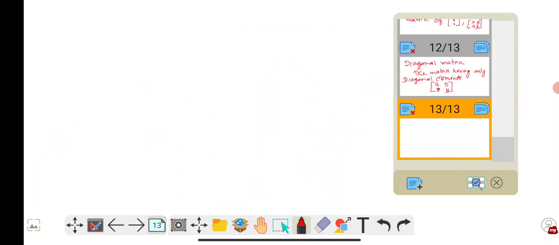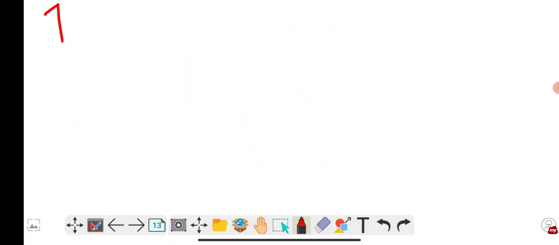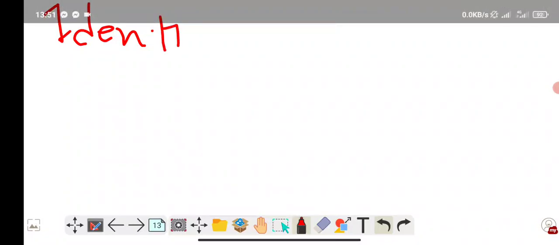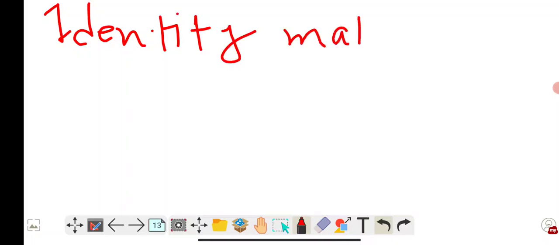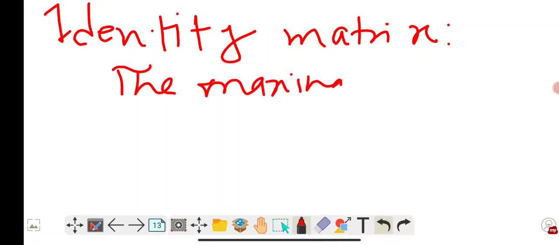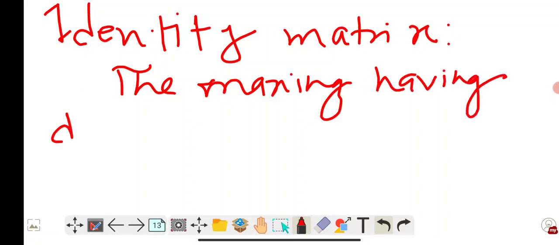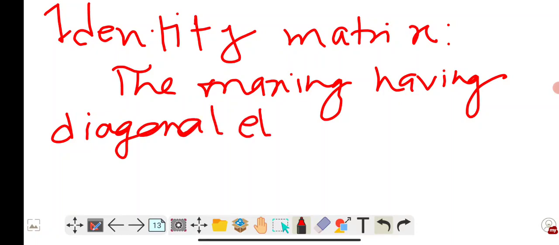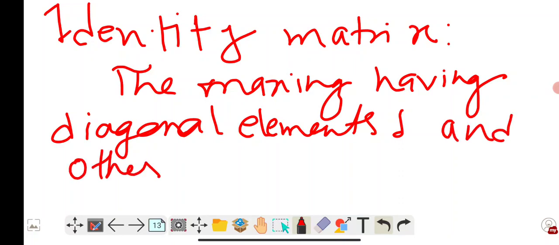Now the next matrix is identity matrix. Identity matrix: those matrices which have diagonal elements only and the diagonal elements are equal to 1, and except diagonal elements all are 0.